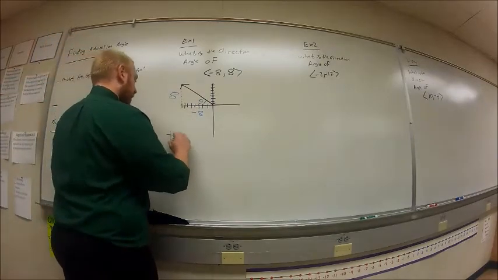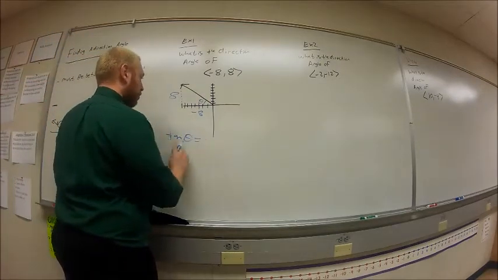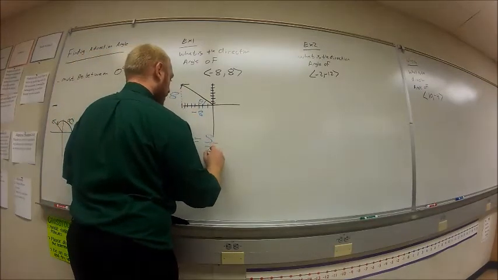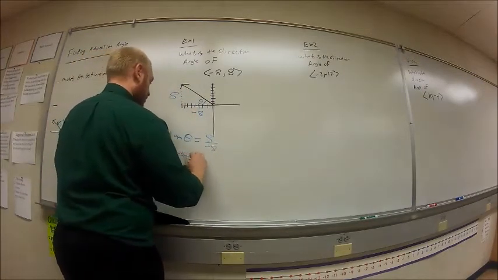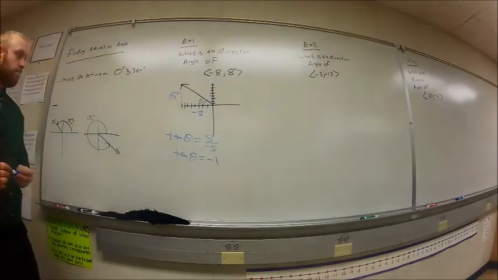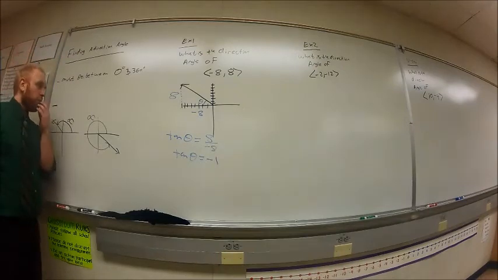So let's set it up. Tangent of theta equals opposite over adjacent, 8 over negative 8. So tangent of theta equals negative 1. I'm thinking to myself, which reference angle has a tangent that could be negative 1?